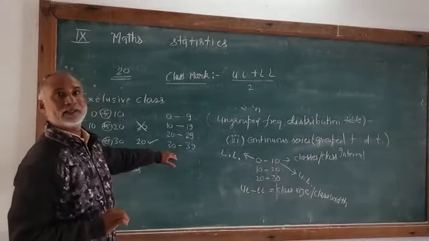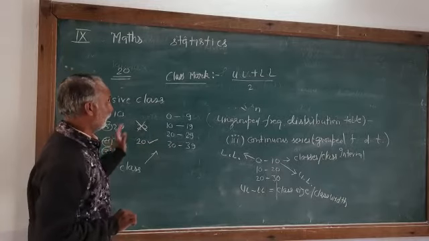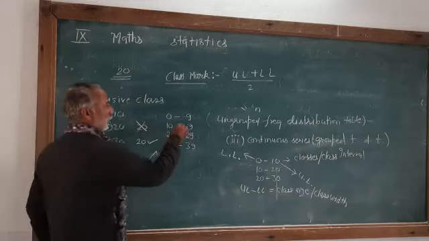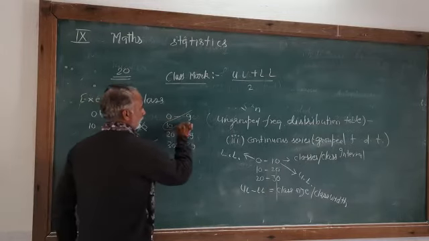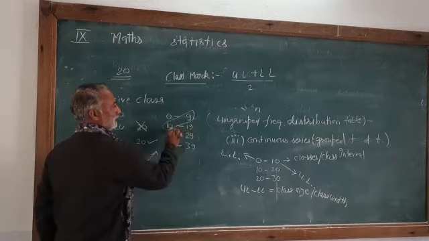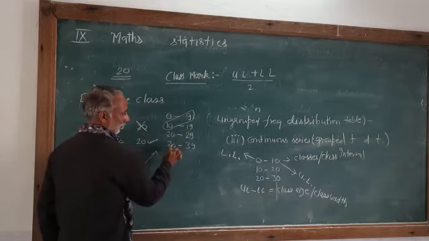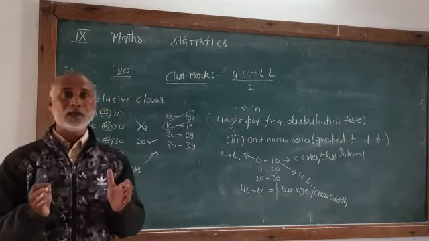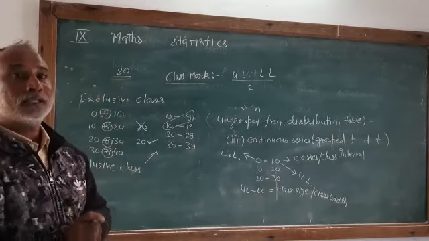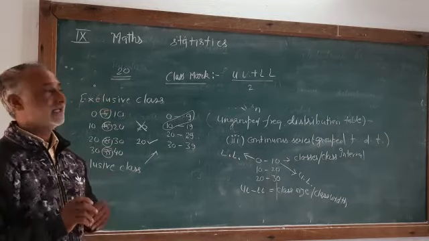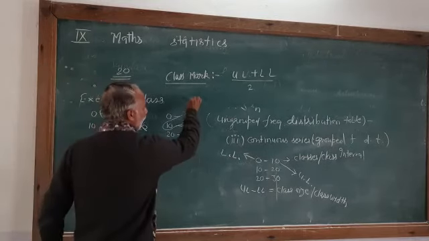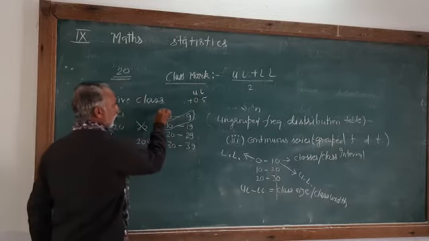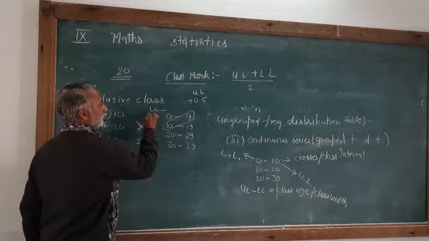These class intervals we can convert from one to another. Like, if an inclusive class is given, we can convert it into the exclusive class. How to convert? See the difference between these two numbers. There is a gap of 1. 30 minus 29, 1. Now we have to cover this gap of 1. Divide this 1 by 2. That is 0.5. Now that 0.5 you always add to the upper limit and subtract from the lower limit.